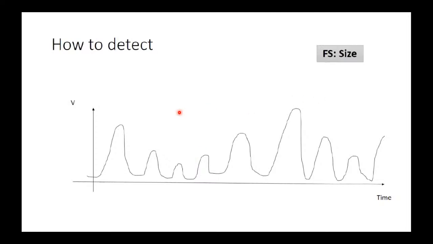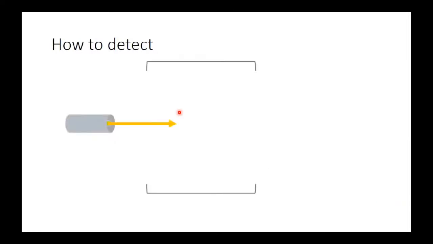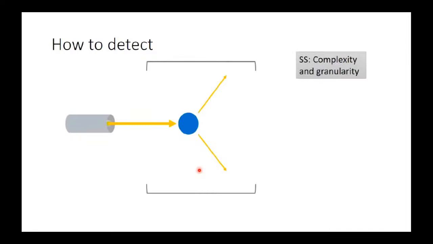The second event happening in the flow cytometer is the side scattered light. So when a cell passes through the laser beam, the cell will scatter the light in side direction. And this side scattered light is directly proportional to the complexity and granularity of the cell. Why?